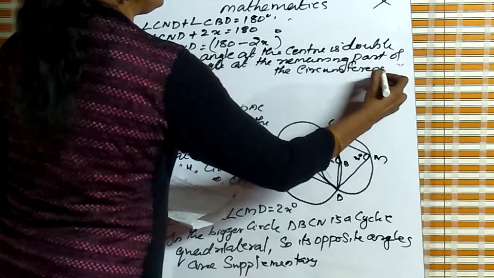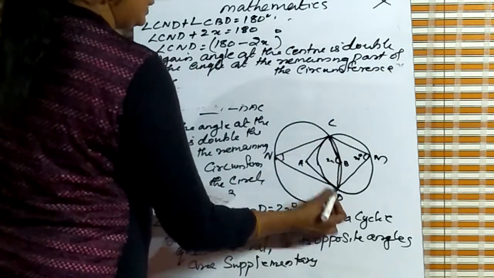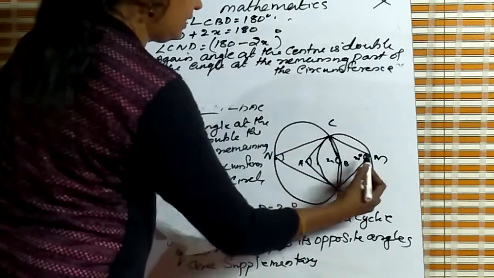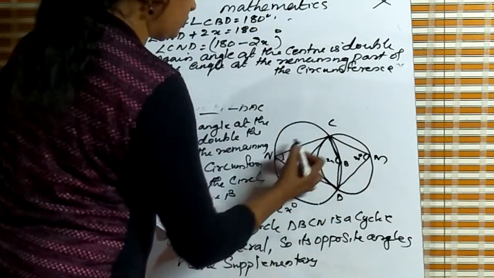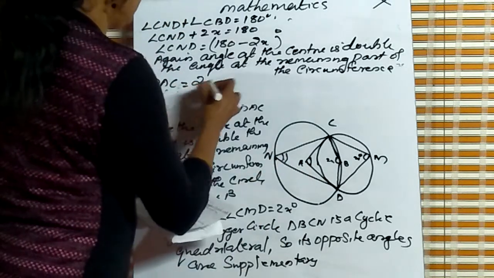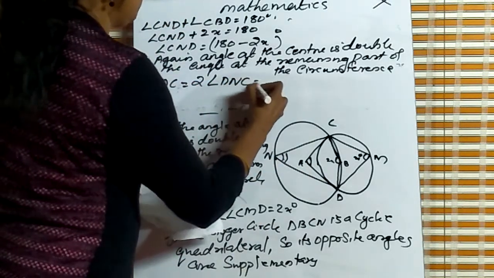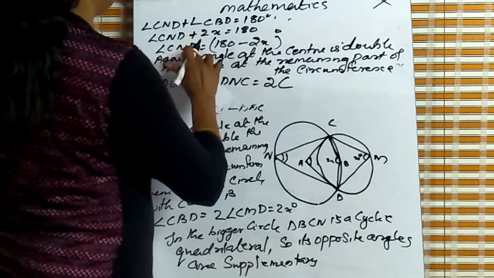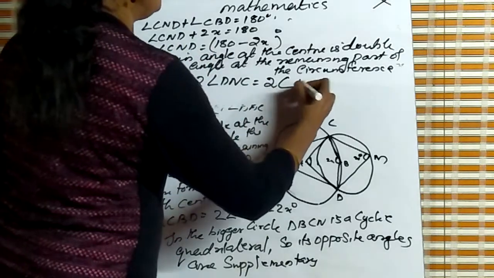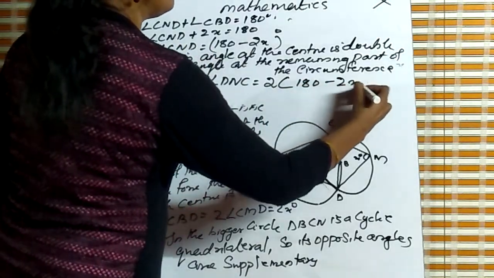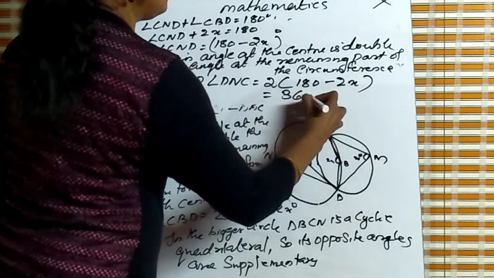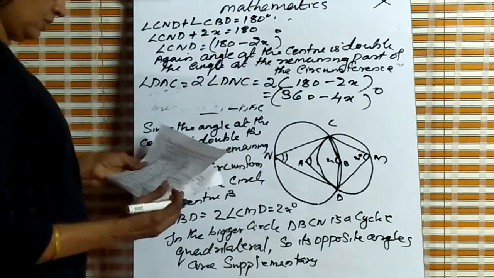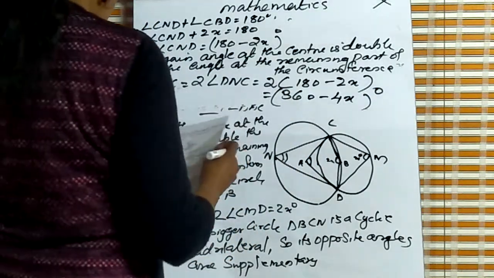What is angle DAC? From the figure, angle DAC is equal to 2 times angle DNC. What is angle DNC? 2 times CND, 2 into 180 minus 2x, is equal to 360 minus 4x degree. Next question.